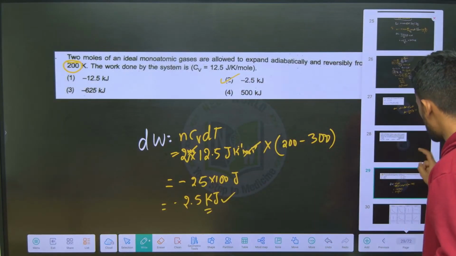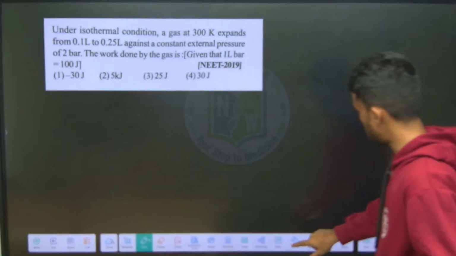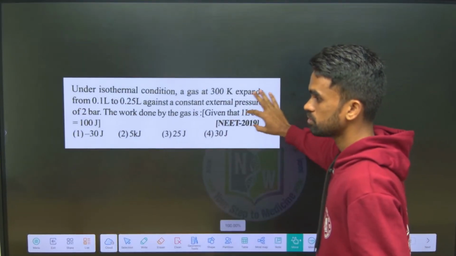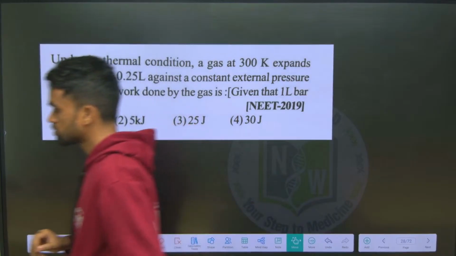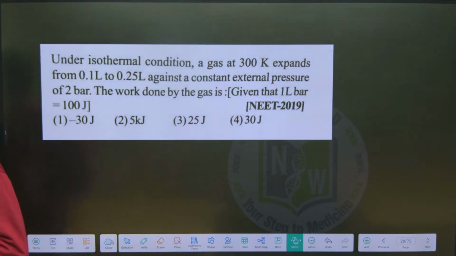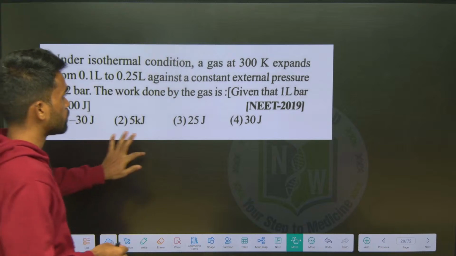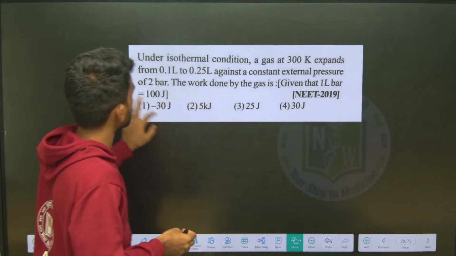Now this simple question, you tell me, for the isothermal process. This is a PYQ again, a simple PYQ, right?